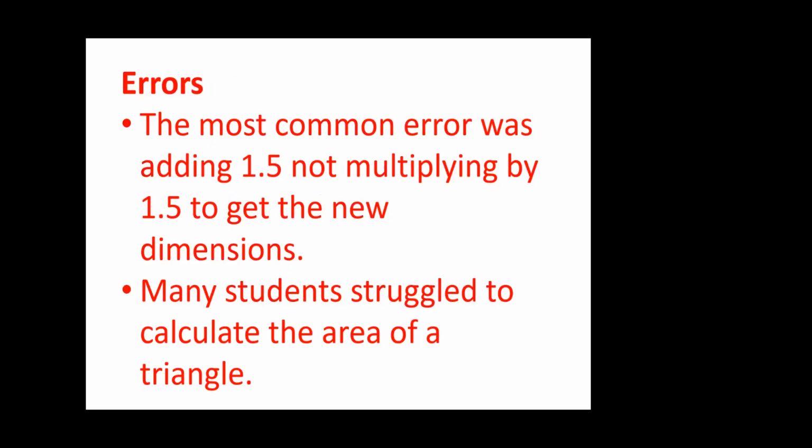The most common errors that we saw were people adding 1.5, not multiplying by 1.5 to get the new dimensions. And as I said, many of the students struggled to calculate the area of the triangle.